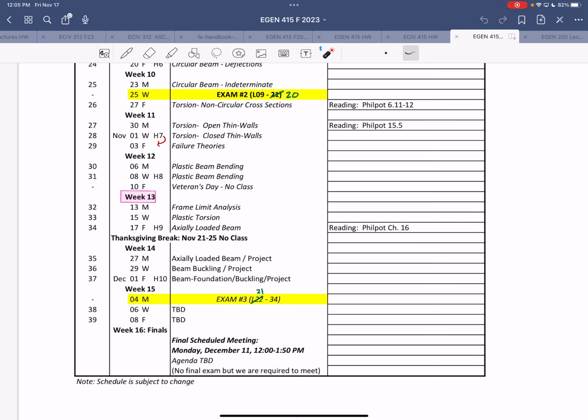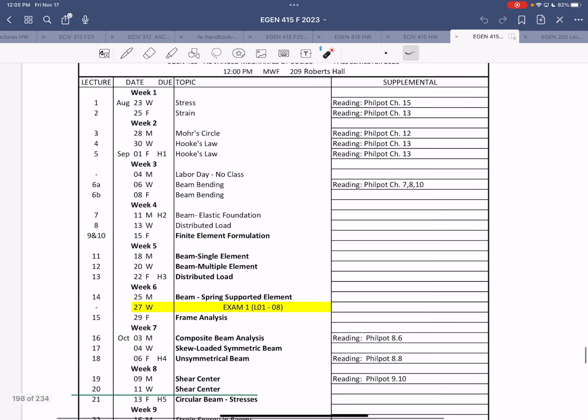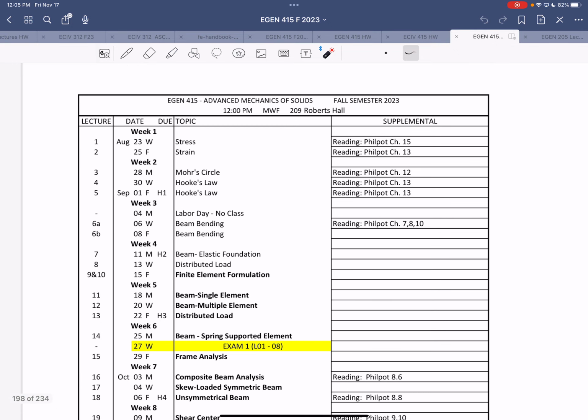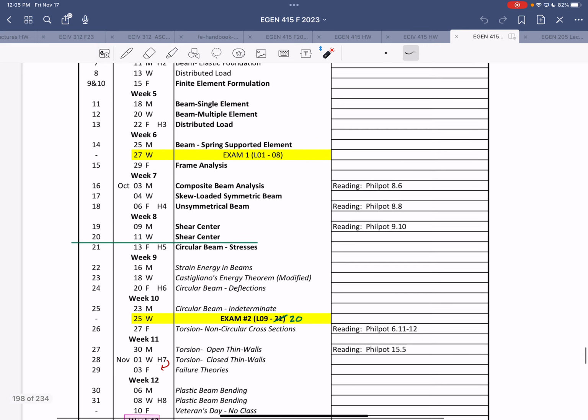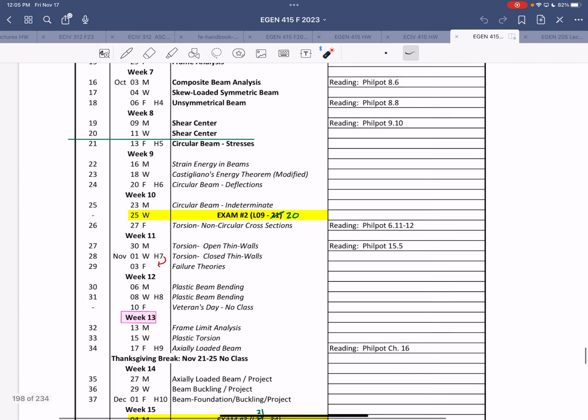The other final project that I have assigned in this class is not finite element analysis, so it would be more focused on some of the other topics that we've covered in this class, namely combined loading, right, and Mohr's circle with stresses, and torsion.